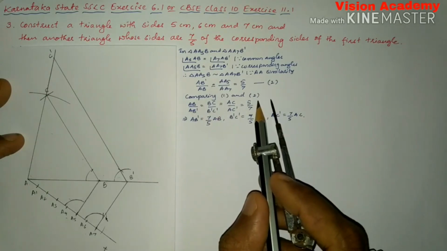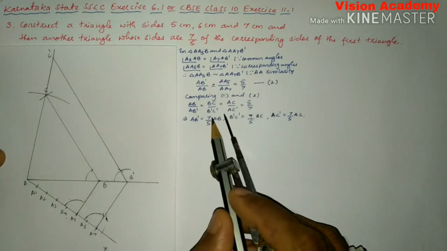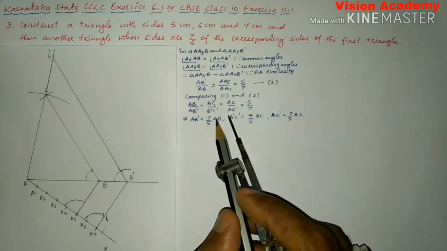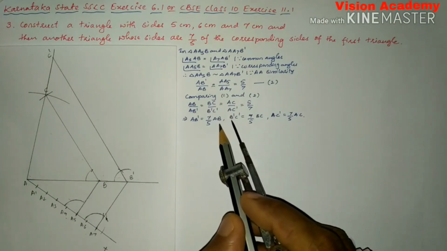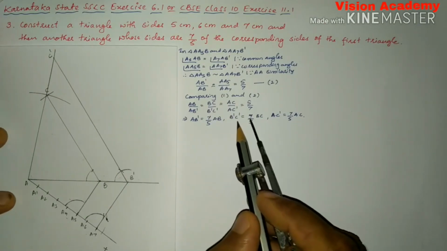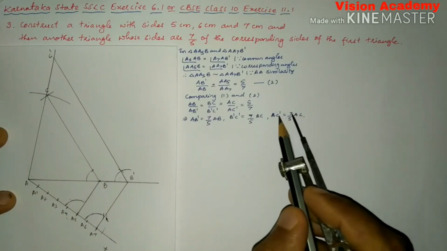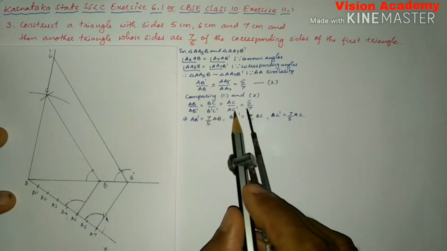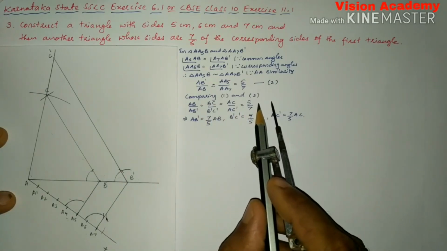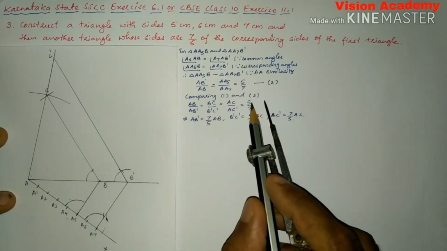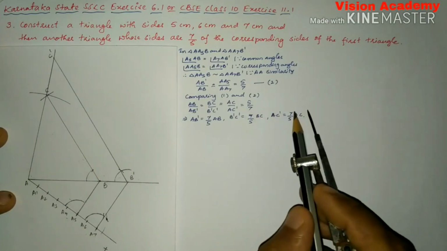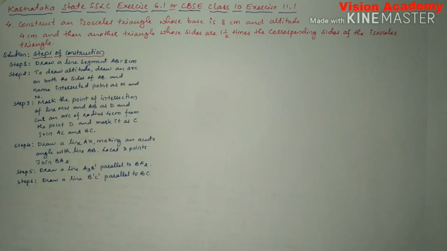So this gives us AB' = 7/5 AB, B'C' = 7/5 BC, and AC' = 7/5 AC, once we transfer it from LHS to RHS and 5/7 from RHS to LHS, it will become 7/5.